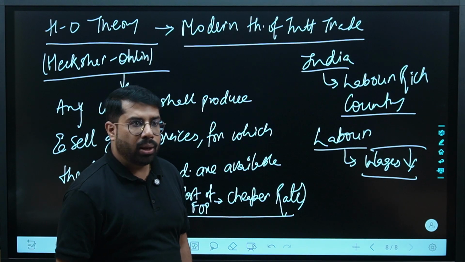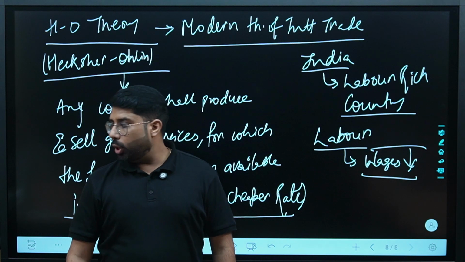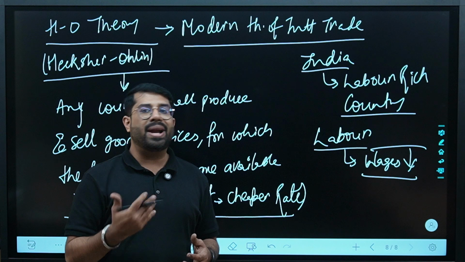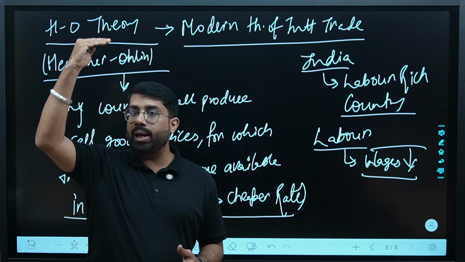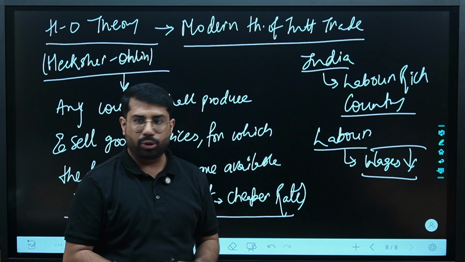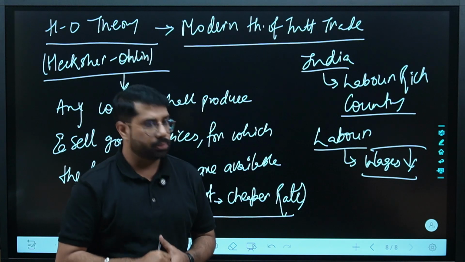Goods involving labor-intensive technique. Because when India will produce goods which are produced through labor-intensive techniques, what will happen? The cost of production will be very less, minimum, as compared to the rest of the world, and then India can sell those goods and services.